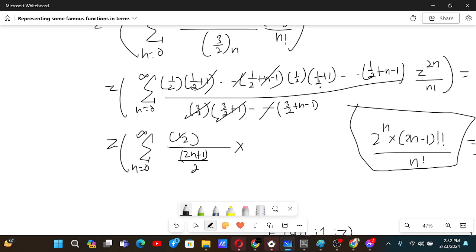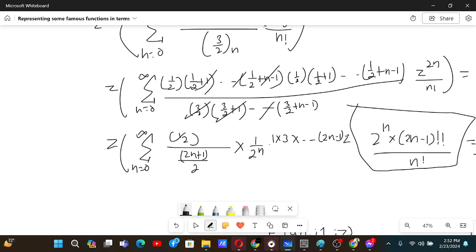And over here what remains is, there are n 2s in the denominator, so we have 1 by 2 to the power n. And then there are 1 times 3 up to the last one, which is 2n minus 1. Okay, and that is it.